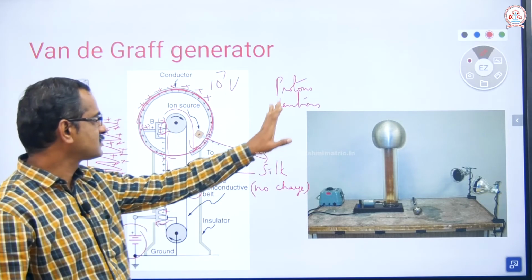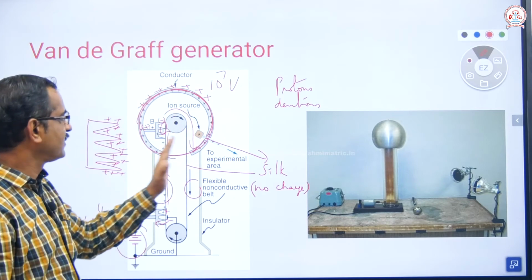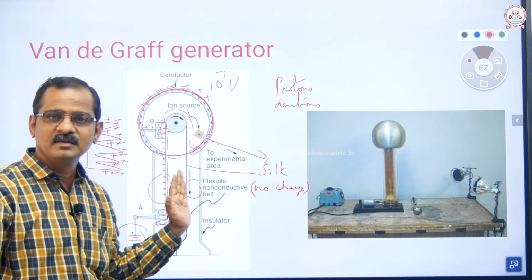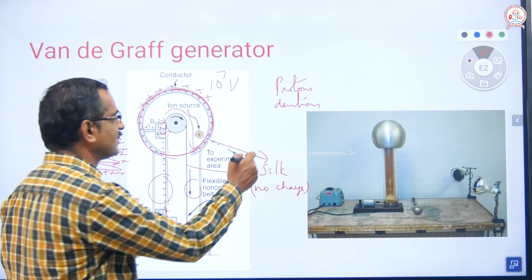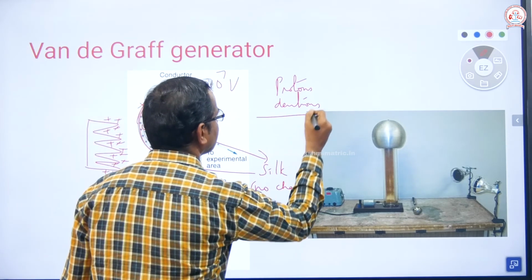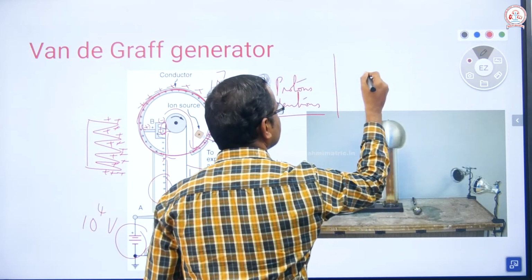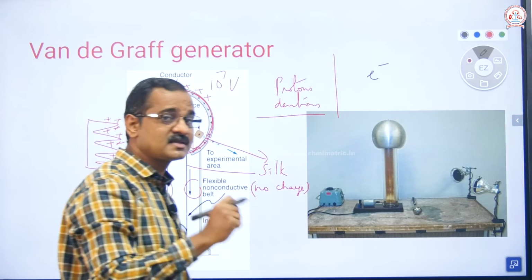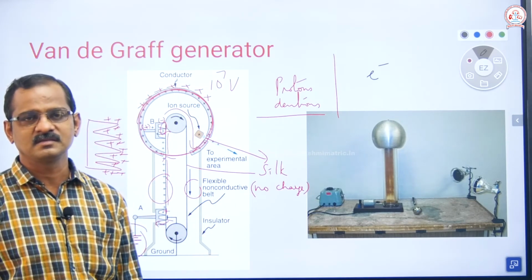But electrons cannot be accelerated. Electrons cannot be accelerated because of relativistic variation of mass.